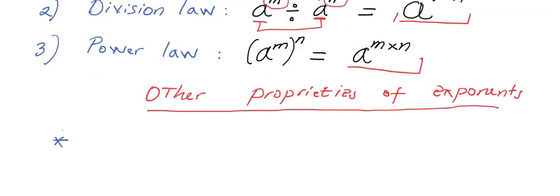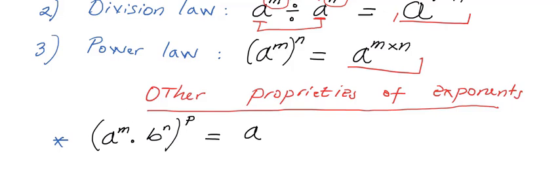The first one can be, let's say you have been given this expression, (a^m times b^n) all to the exponent p. How can you simplify this expression? You need to apply the previous knowledge, which was the power law.